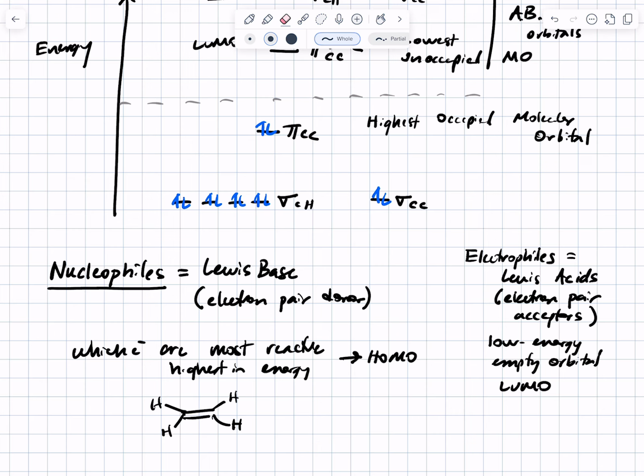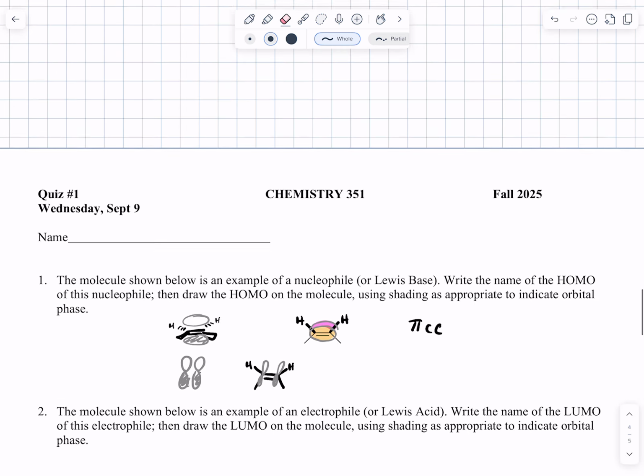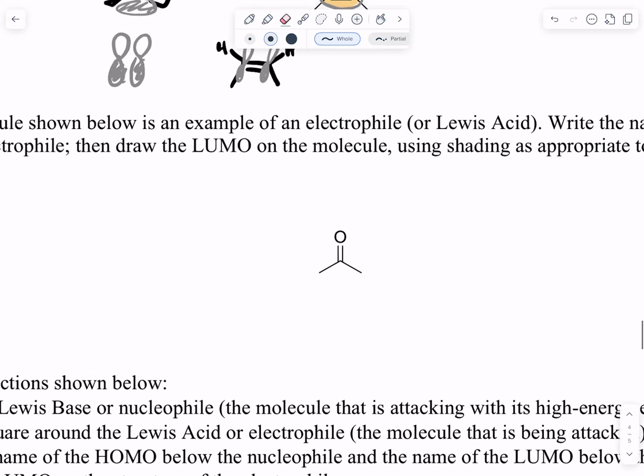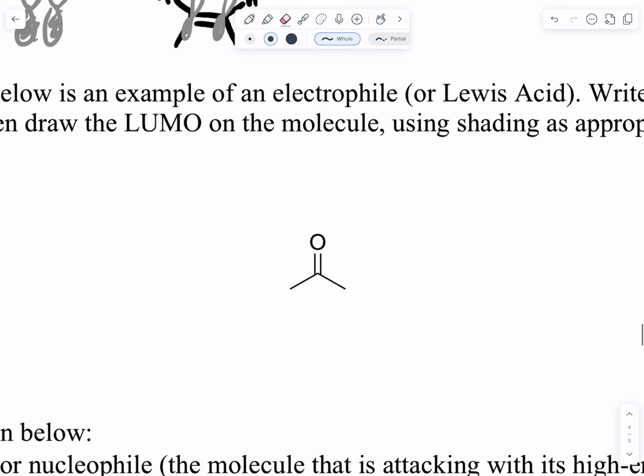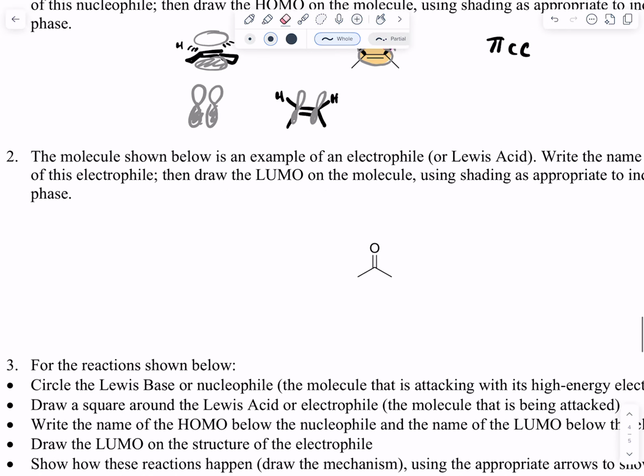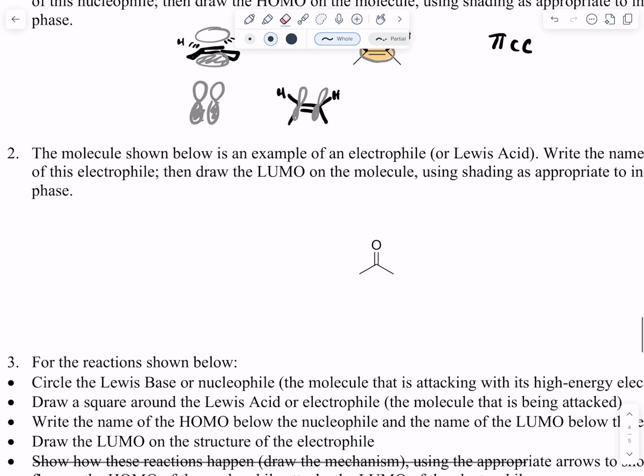Let's see. What I want to do, just in the last couple of minutes, is take you to an example from your quiz. I'm telling you that this molecule can be an electrophile.